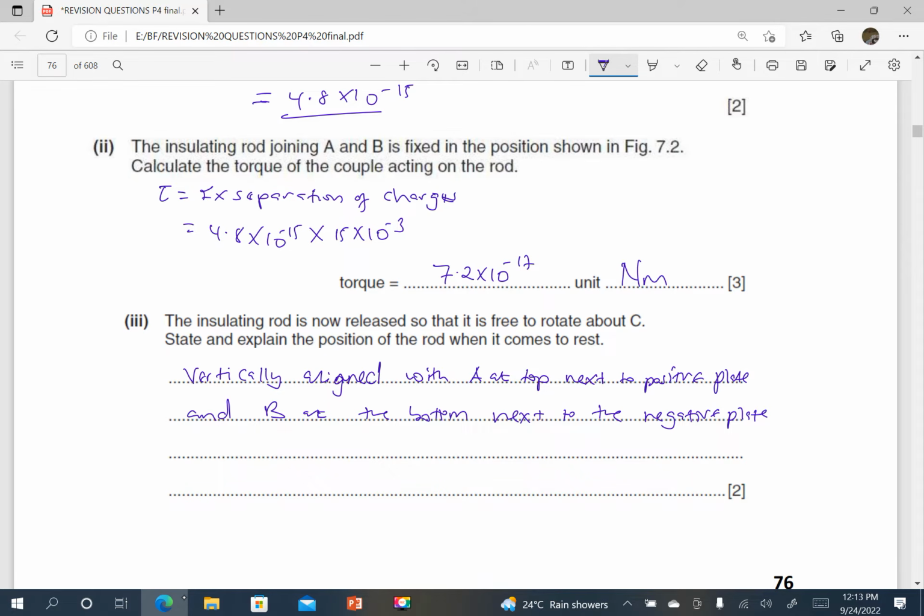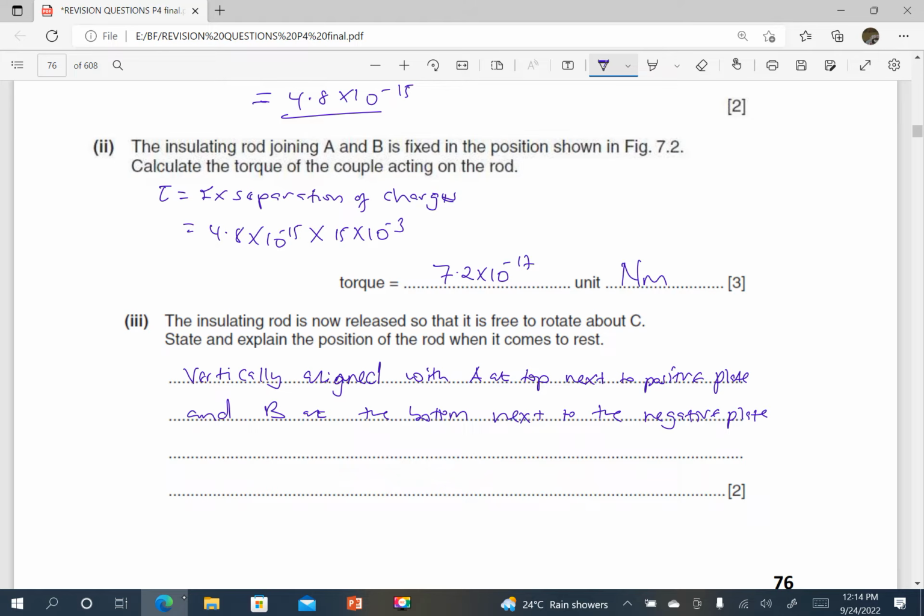That is because the question was to state and explain the position of the rod when it comes to rest. That will be the position. Just to explain, it is vertically aligned with A at the top, next to the positive plate, and B at the bottom next to the negative plate.